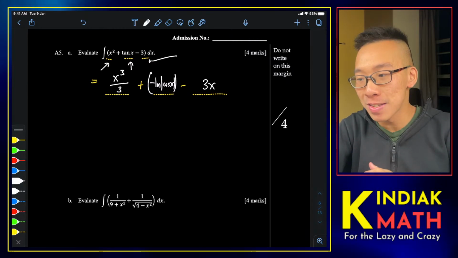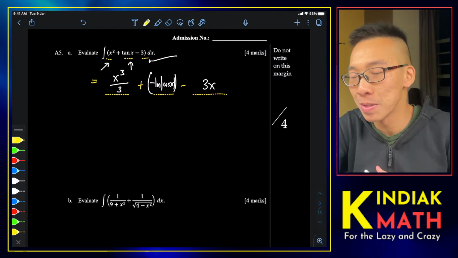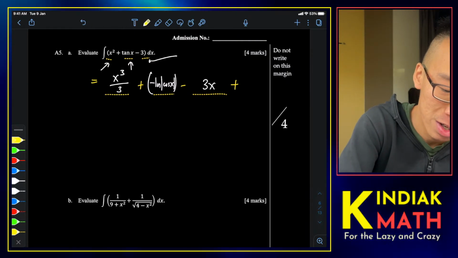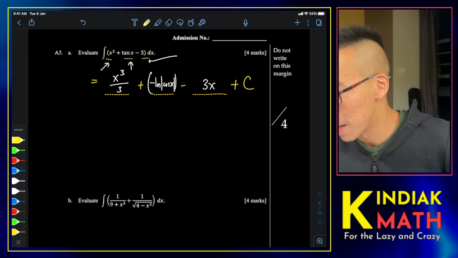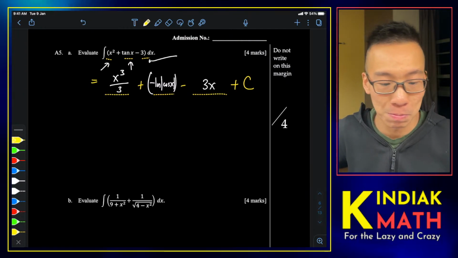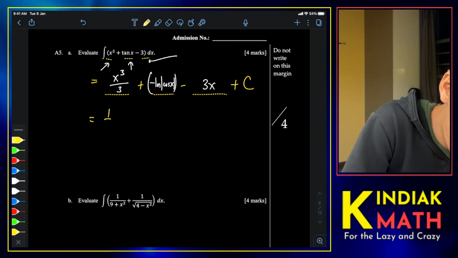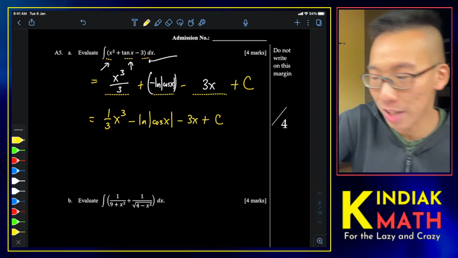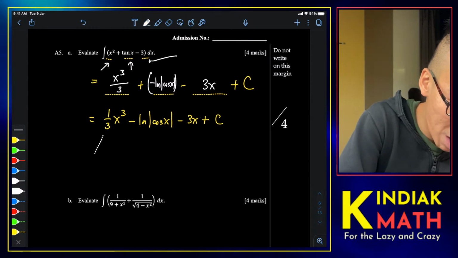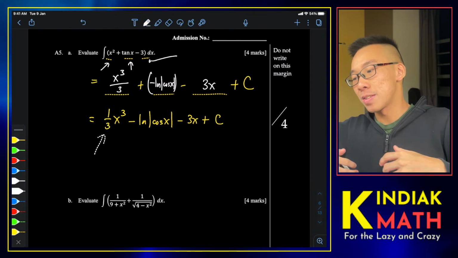And if we leave our answer in this way, we might run into problems because we need to remember to add the arbitrary constant of integration. That is what this plus c means. Let's simplify all of that to get our answer. For those wondering what's with the 1/3 here, it's a preference.